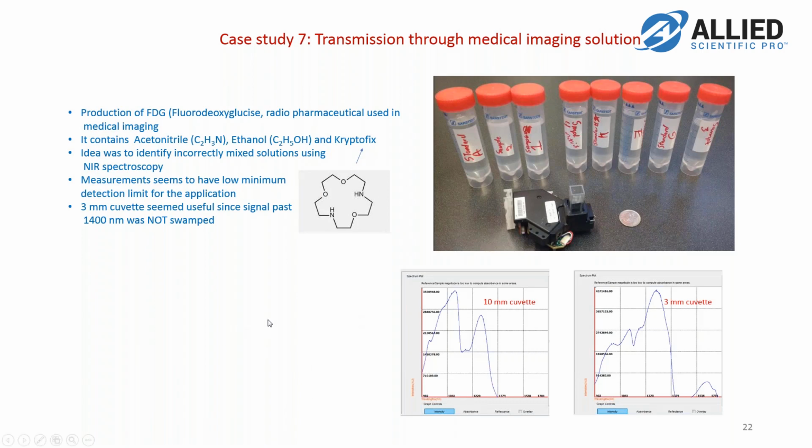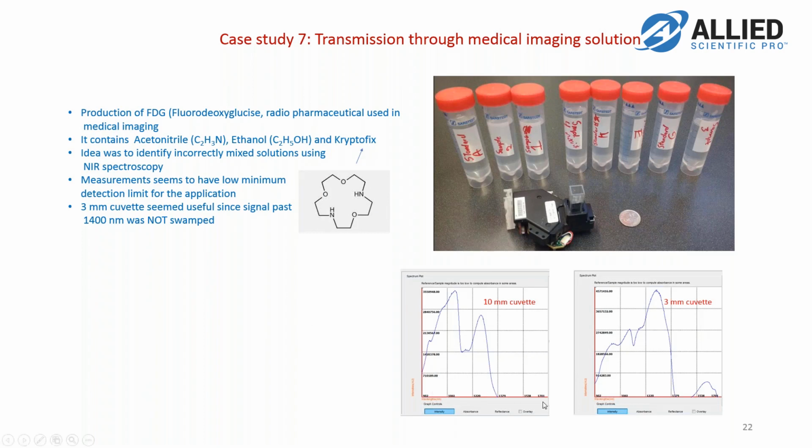He sent us some good samples and some intentionally bad samples that had the wrong mixture. This is to do quality control using spectroscopy, so that without sending it to an expensive lab, they could quickly identify if some of these solutions do not have the right concentration.